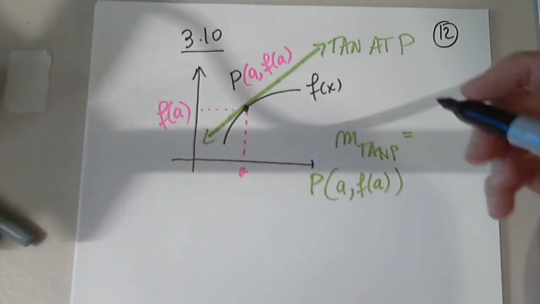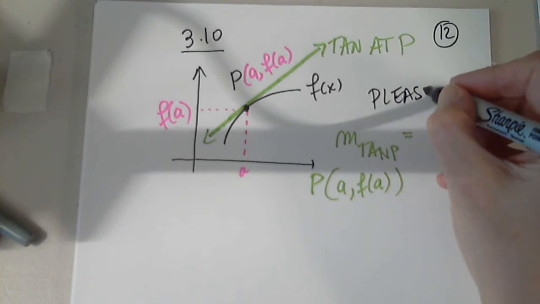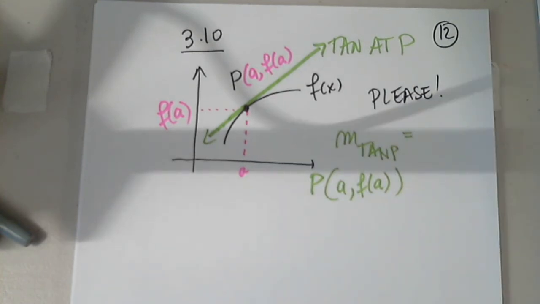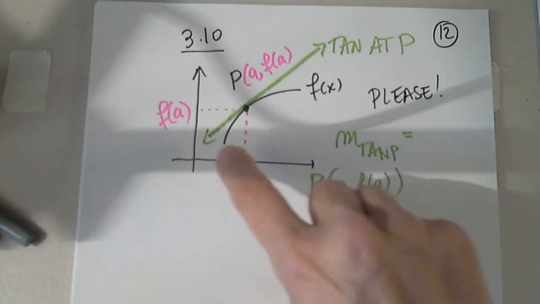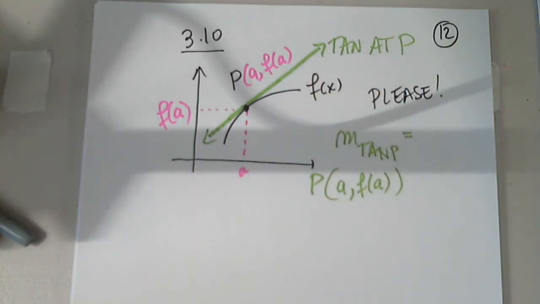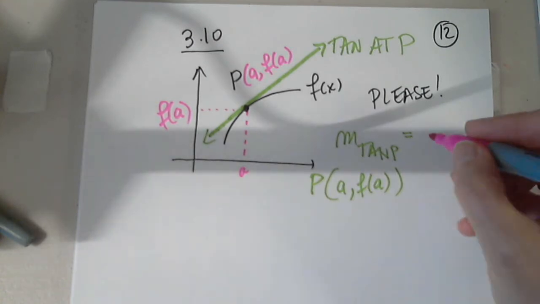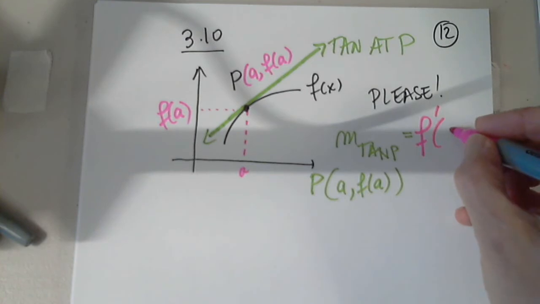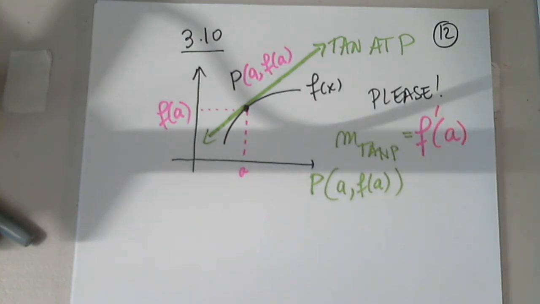Okay, I forgot to say something very important. I know you do know that. What is the slope of the tangent line at P? It's f prime of A.